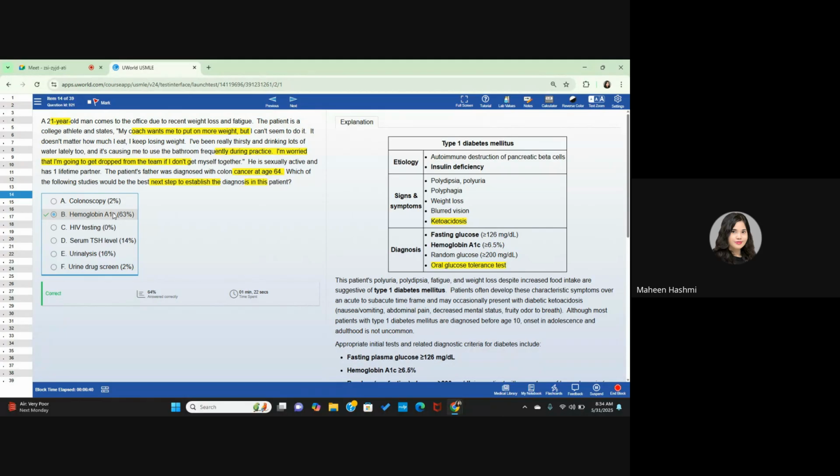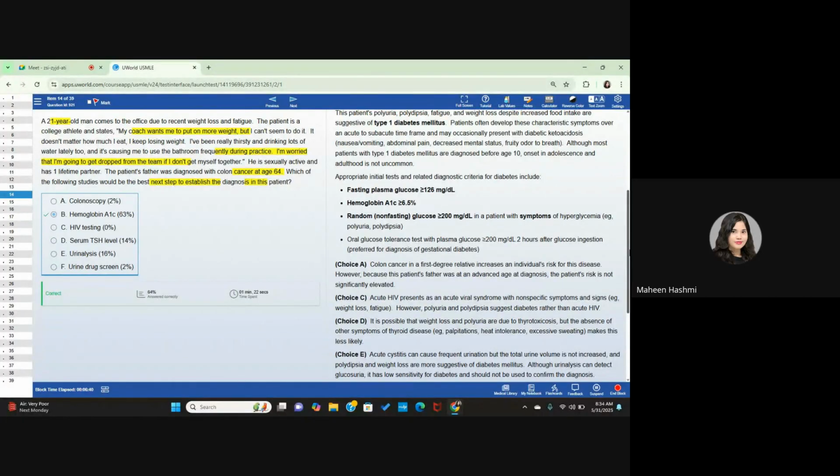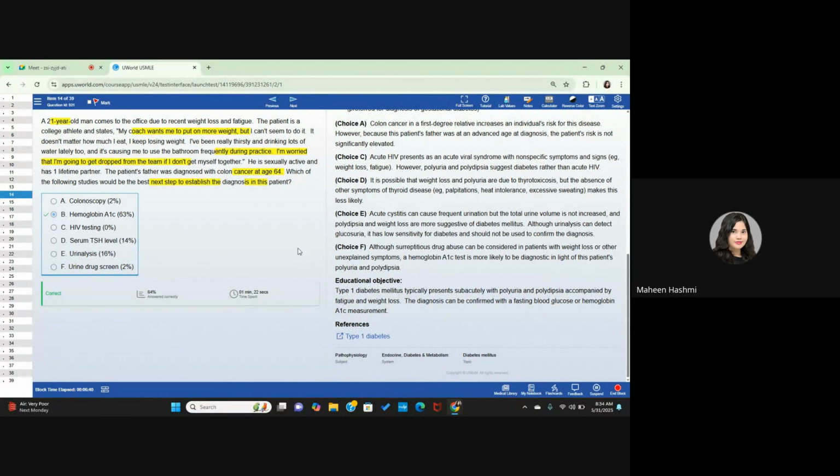This is a differentiation I want to give you. HbA1c is for general, but for a pregnant woman, you check OGTT. That's more specific, because that patient developed diabetes during pregnancy, so it is more accurate for pregnant women. And if you go down, those are the same things we talked about.